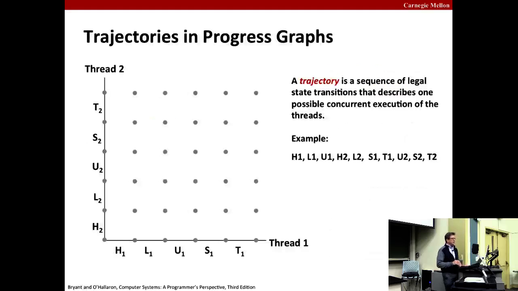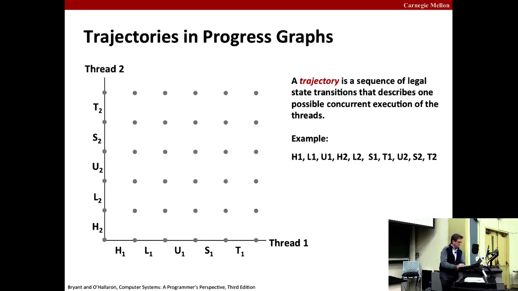You can put all these together to form a trajectory, which characterizes one execution of the program. Any feasible set of transitions from one state to the next corresponds to a feasible trajectory.